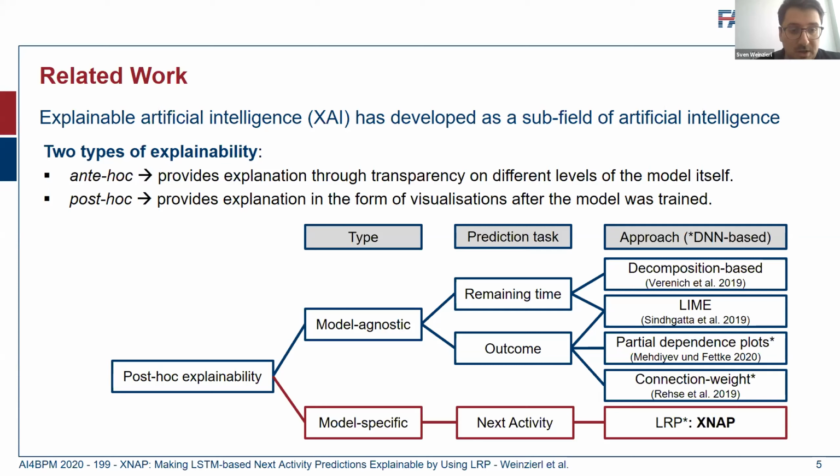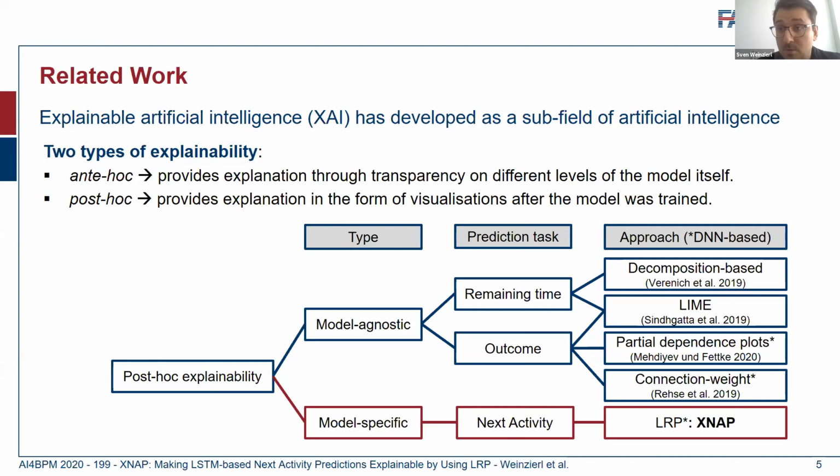If you look at the other figure, you can see that post hoc explainability can be differentiated into model agnostic and model specific. Model agnostic means considering the model as a black box, permutating the input and observing the output. As you can see here, some approaches have been proposed by researchers in the last years, for example, decomposition, LIME, partial dependence, and others.